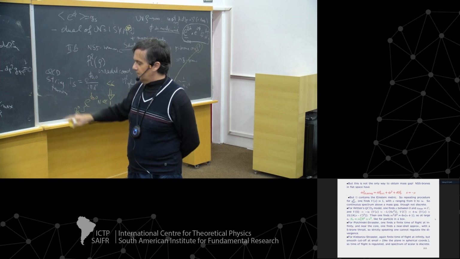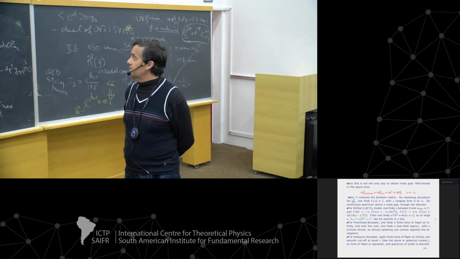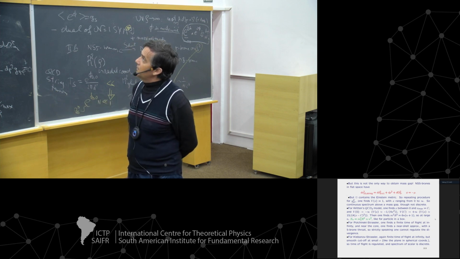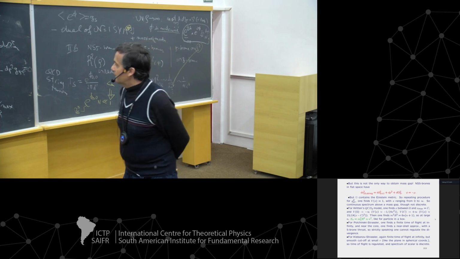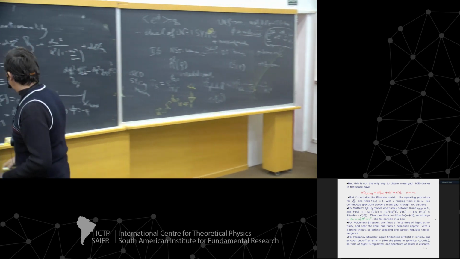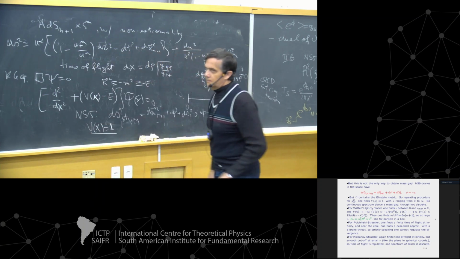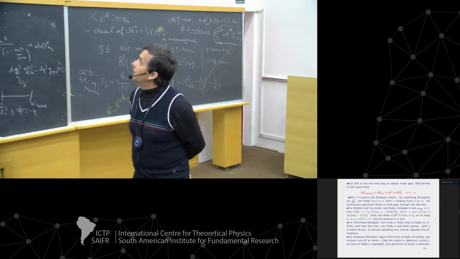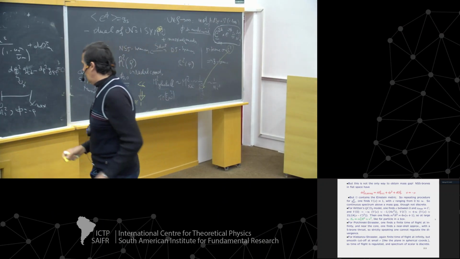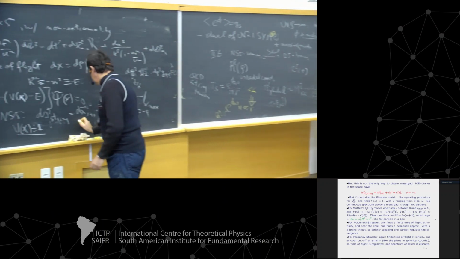So this was the string metric, E minus phi over 2 times the Einstein metric. So you can go to the Einstein metric. But in this case, you will find that V of x is equal to exactly 1, the potential, and x ranges from 0 to infinity.